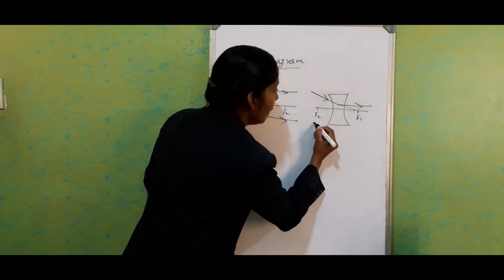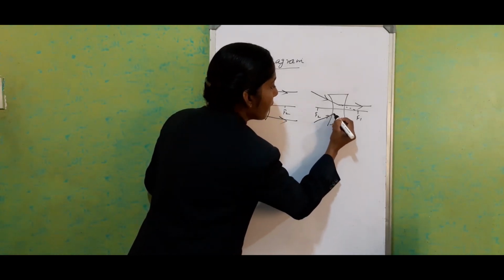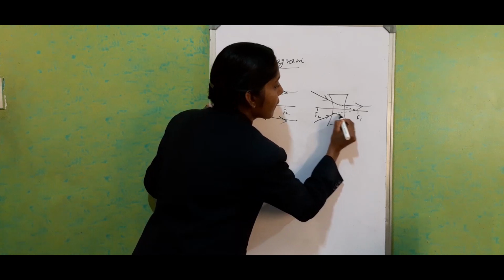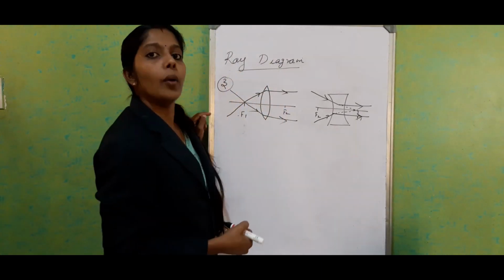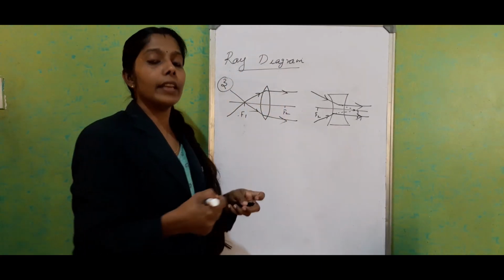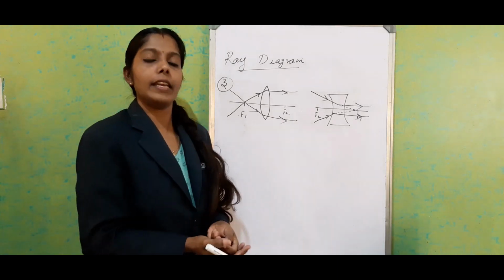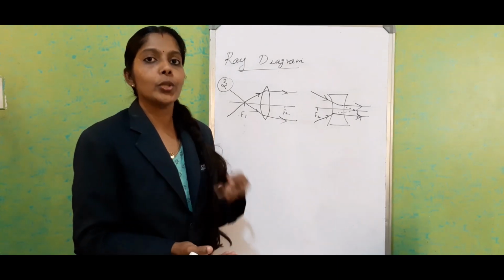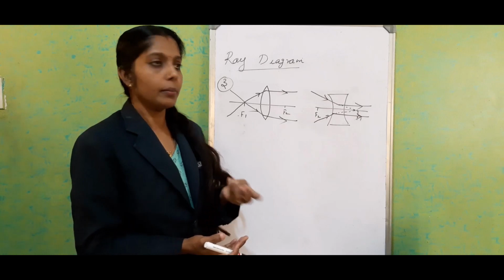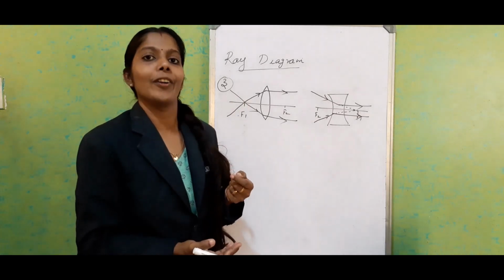From this side also, if we extend like this, this is how it goes. So these are the three convenient rays. From these, any two convenient rays we can choose to draw the image formation by concave or convex lens.